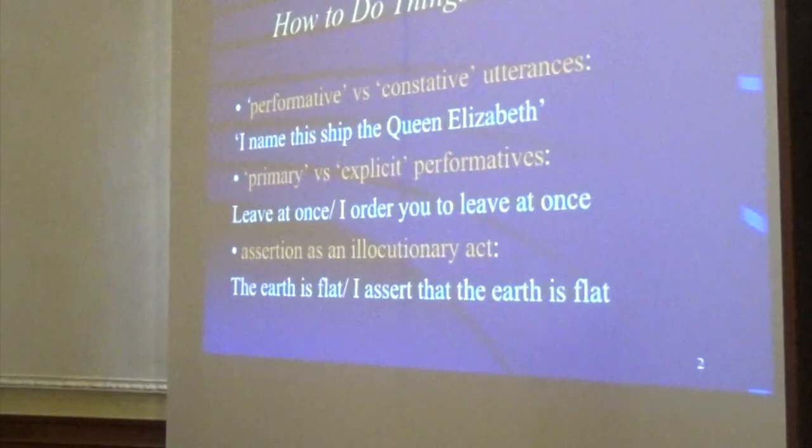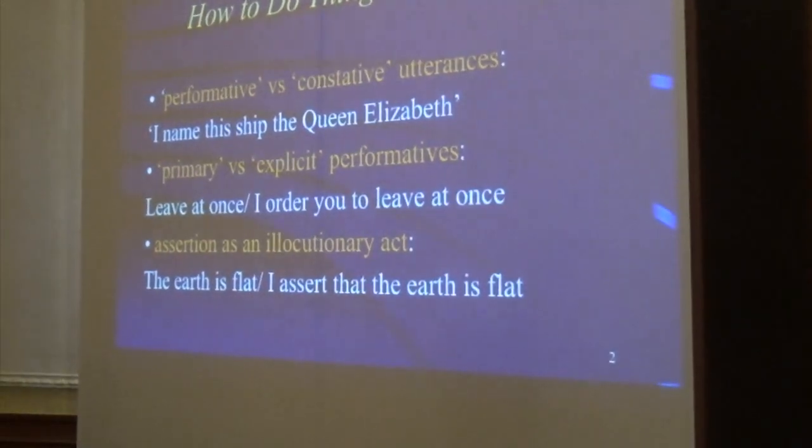You can do this implicitly simply by saying, for example, instead of I order you to leave at once, simply leave at once. And it can be perfectly clear from the context that I'm the superior, I'm ordering you something. And I can add something like, that's an order, if I want to make it explicit what the utterance was. But the first utterance, leave at once, is already an order, albeit possibly an implicit one.